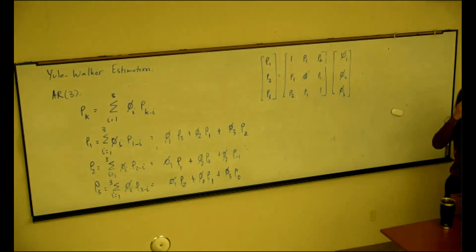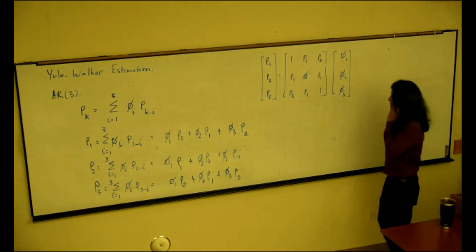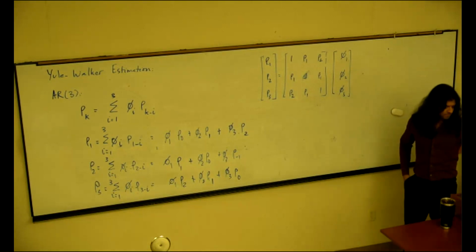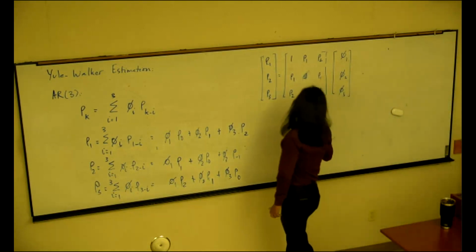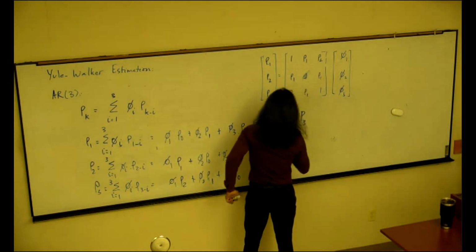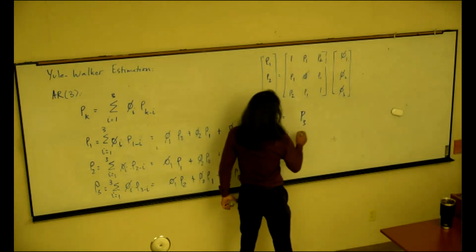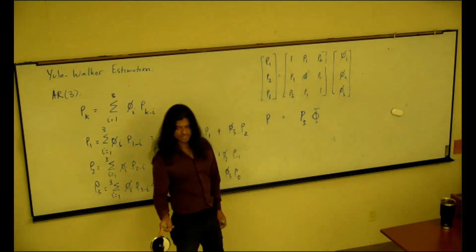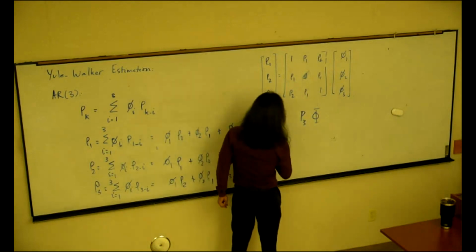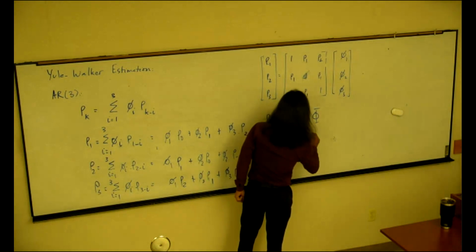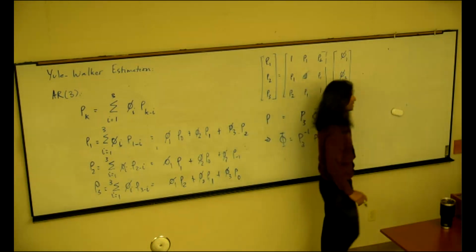The matrix is symmetric. Yes. Great. It is going to be positive semi-definite. This is P3. And if I want to estimate the coefficients, phi would be P3 inverse multiplied by rho.